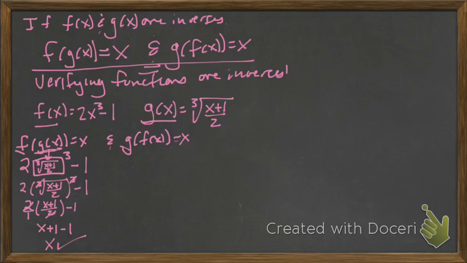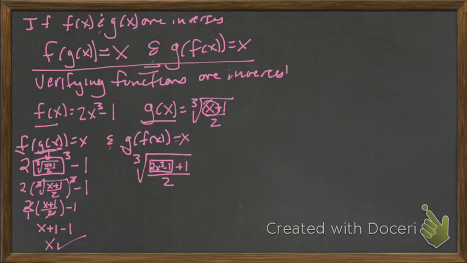Now my outer function is g. I'm going to input a number, or in this case, f of x, inside of the cube root of x plus 1 all over 2. So again, I rewrite g with an input box in for x. Now we're going to plug in the function f inside the input box, so 2x cubed minus 1.